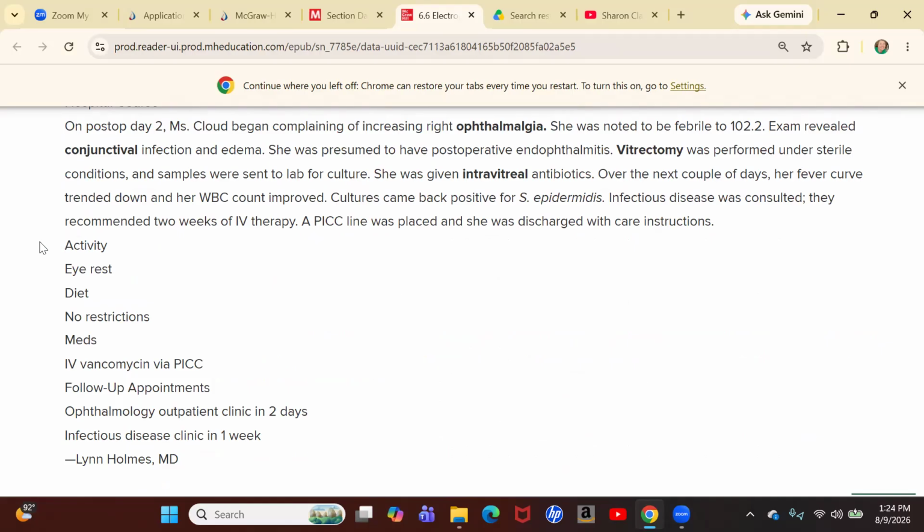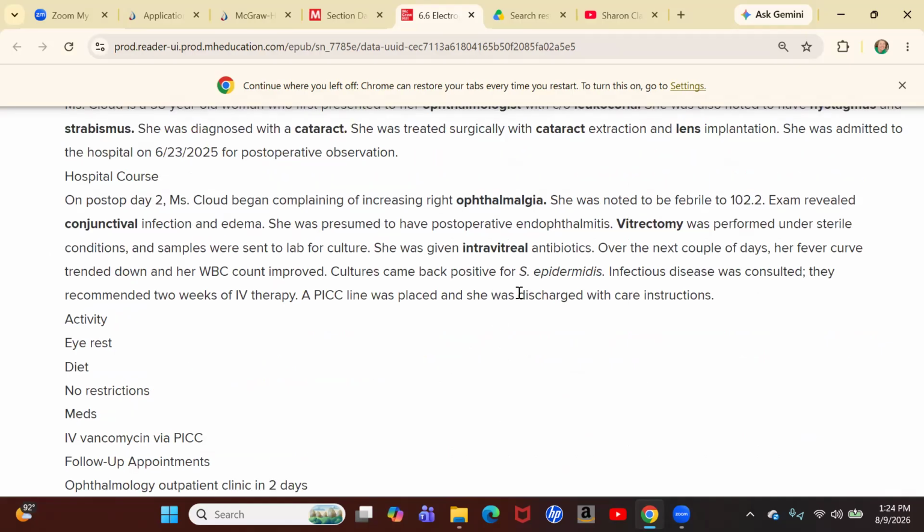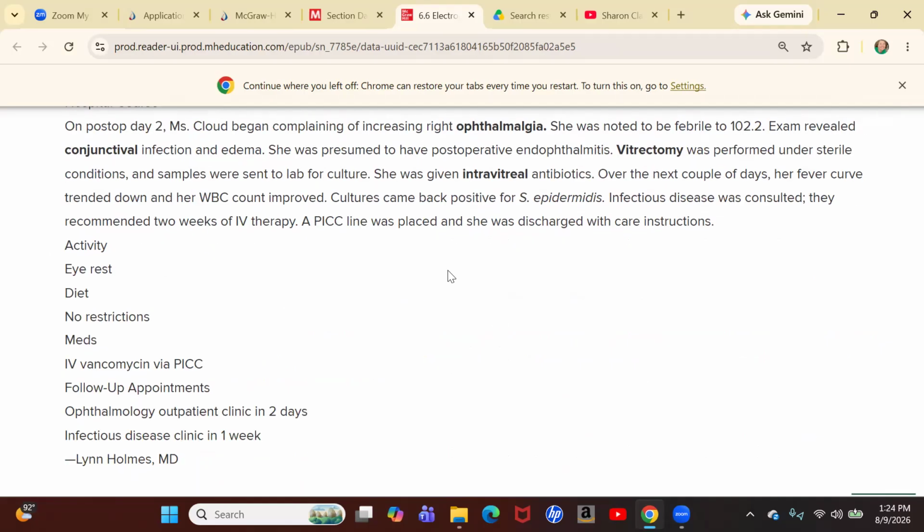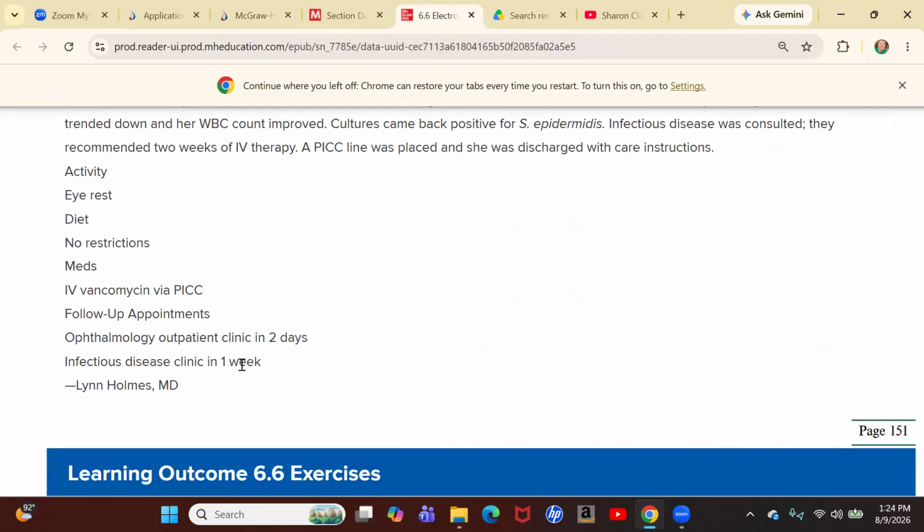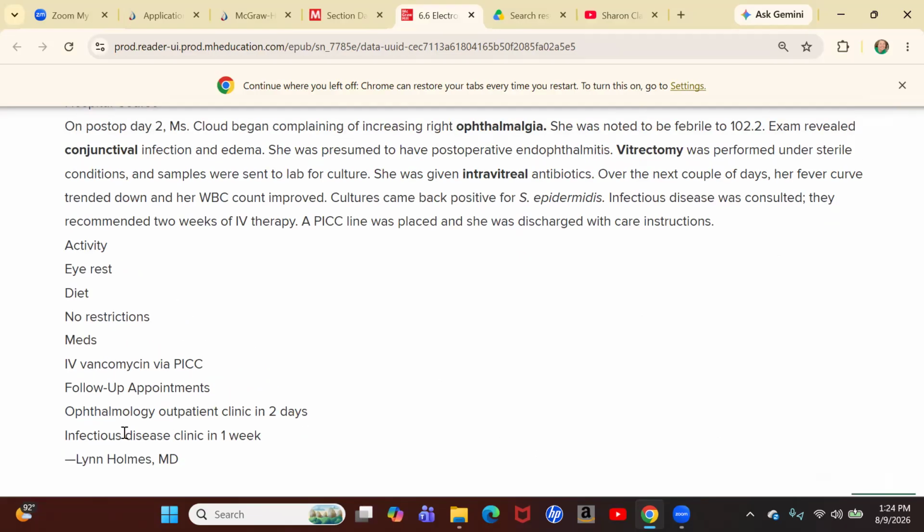Infectious disease department was consulted, and they put her on some pretty heavy IV therapy, and a PICC line was placed due to needing more stringent antibiotics to try to get rid of that bacterial infection. So you see here intravenous Vanco via a PICC line. So pretty serious. Ophthalmology outpatient clinic in 2 days, infectious disease clinic in 1 week. So a PICC line was placed and she was discharged home with care instructions.